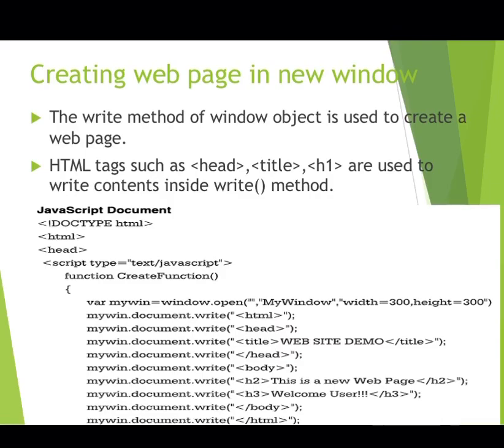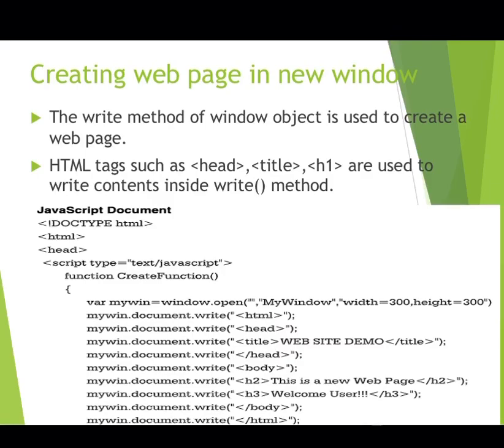So my_win.document.write, open the circular bracket, in h2 tag you write, this is the new web page. Okay, then my_win.document.write the next sentence, in h3 welcome user, then close the h3 tag.